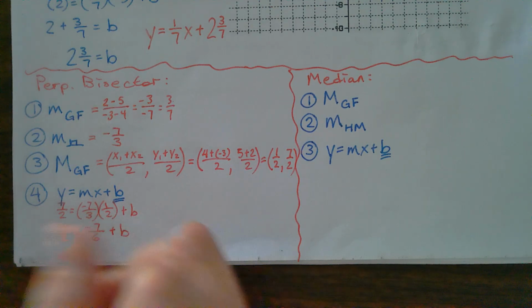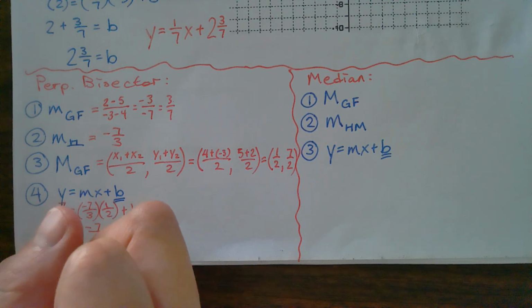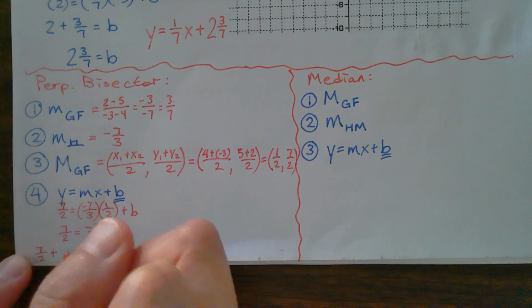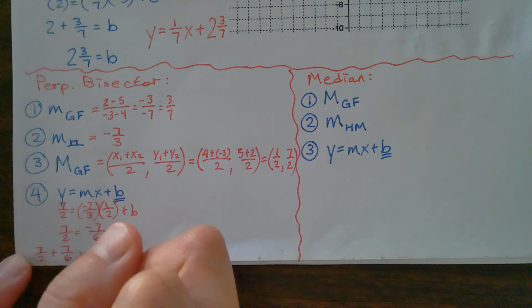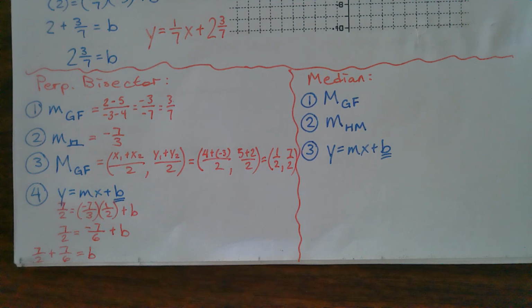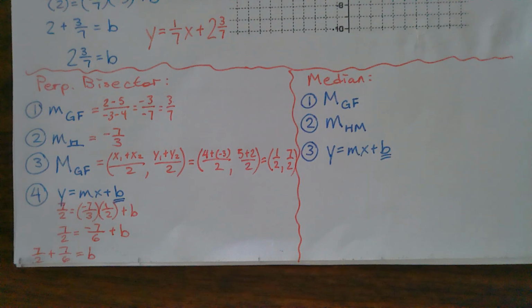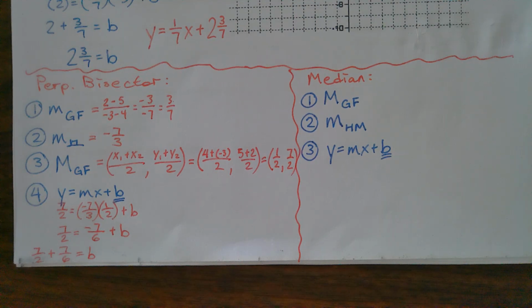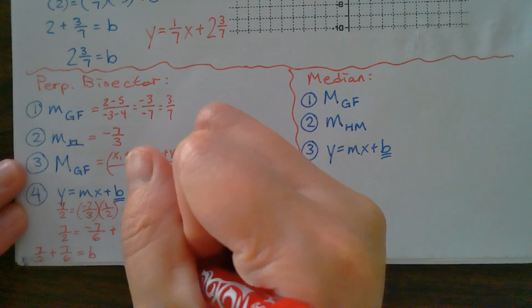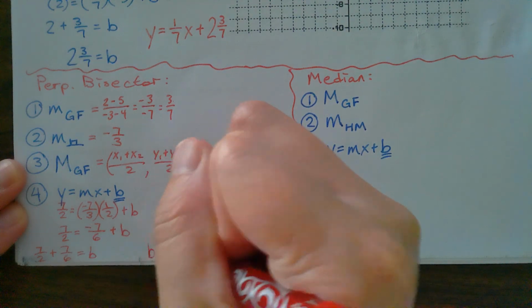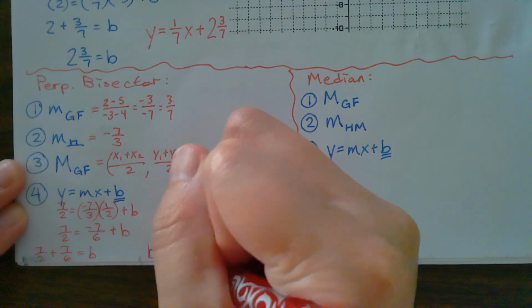And then when you move it over, it's basically 7 over 2 plus 7 over 6. Lowest common denominator. What do you get? 21 plus 7, 28. So b is 28 over 6.